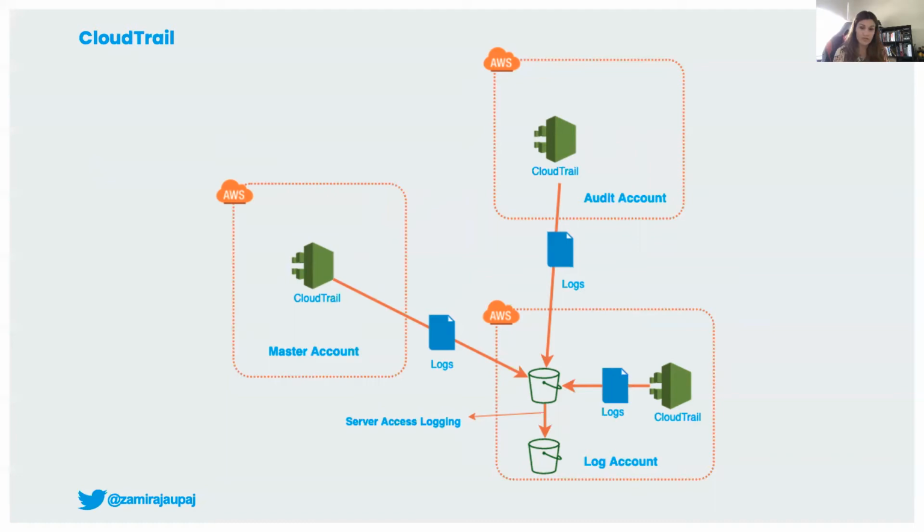So when you set up Control Tower, CloudTrail is already enabled in all accounts and all regions. An S3 bucket is also set up in the centralized log account to collect all the API logs from all accounts and regions. There is also a second bucket for replication, so in case you lose some logs, you have a second bucket as a backup.